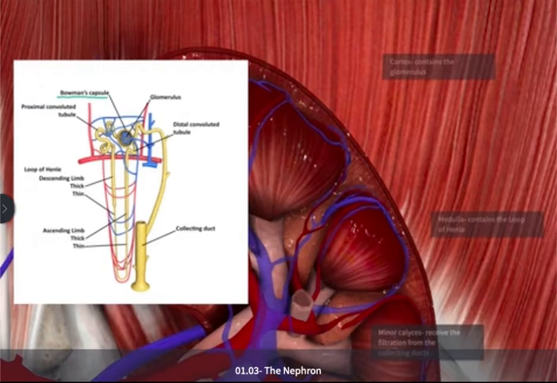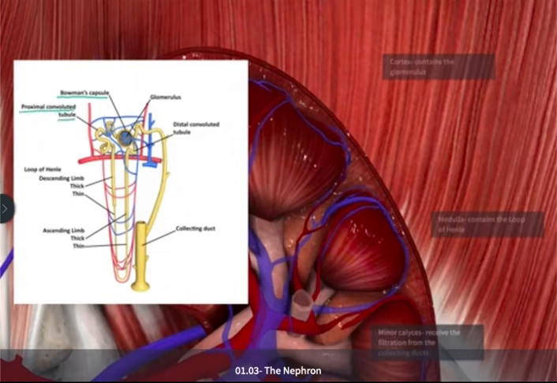Now, Bowman's capsule is essentially going to be where this filtrate is going to go. So it's a bag, essentially, that is going to take that filtered contents from the blood and send it through the rest of the nephron, beginning with the proximal convoluted tubule.